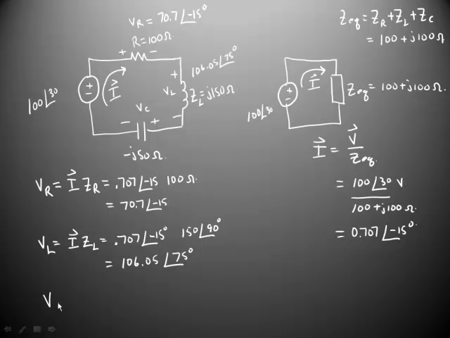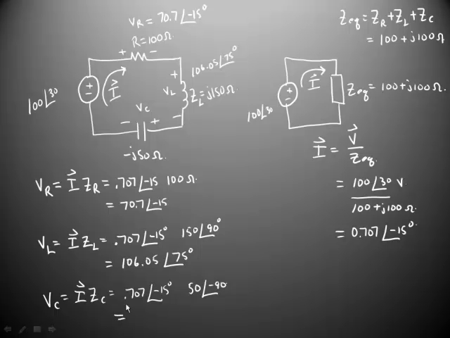The voltage across the capacitor, I phasor, times the impedance of the capacitor, 0.707 at angle minus 15 degrees, times the impedance of the capacitor was minus J50 ohms, and if we convert that over into its polar form, that's 50 at angle minus 90.